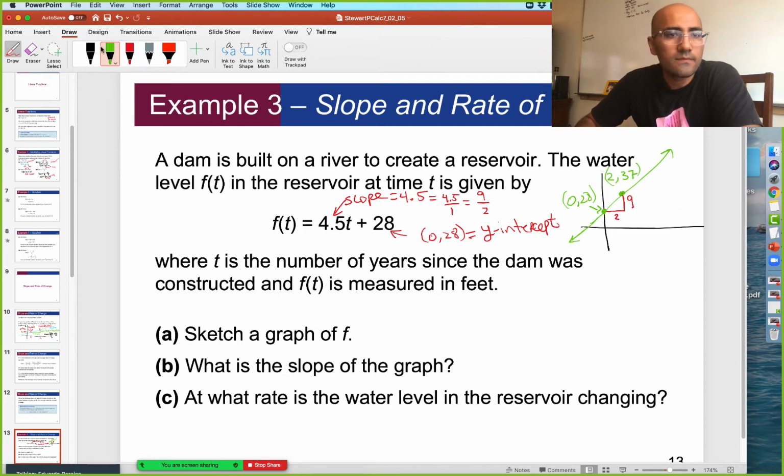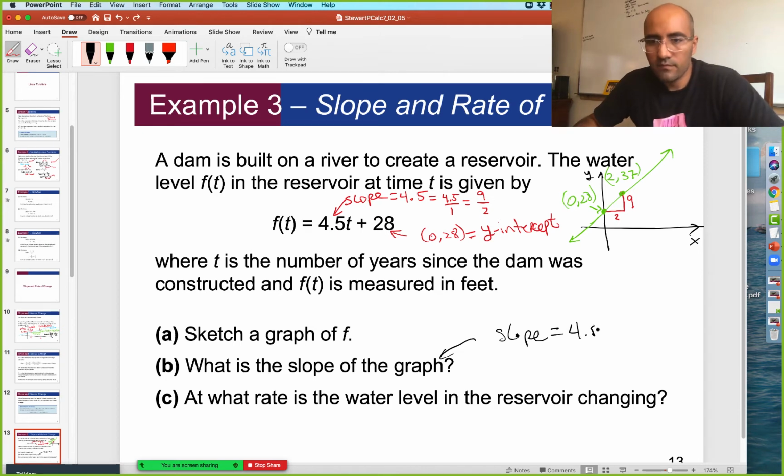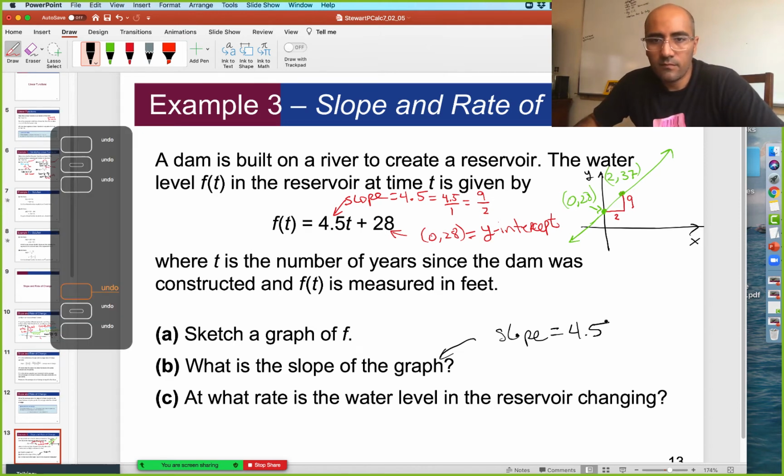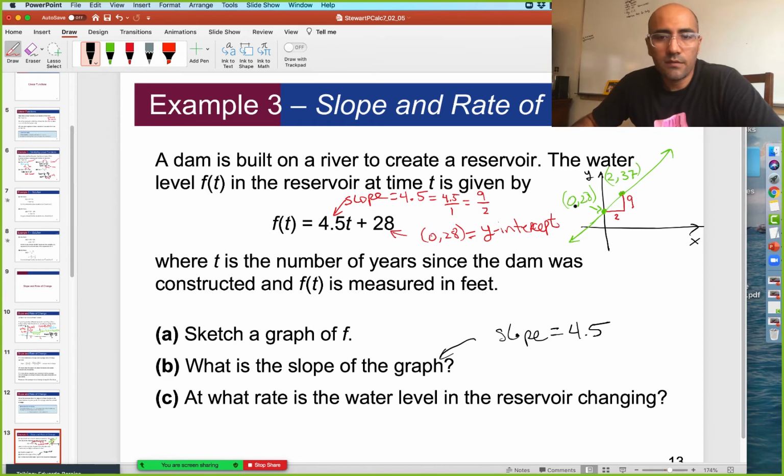Good. Any questions? Okay, what is the slope of the graph? Oh, we already answered that for part B. The slope is 4.5. Oops, I got used to the x and y thing here.